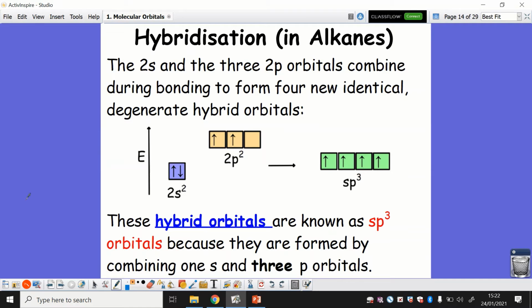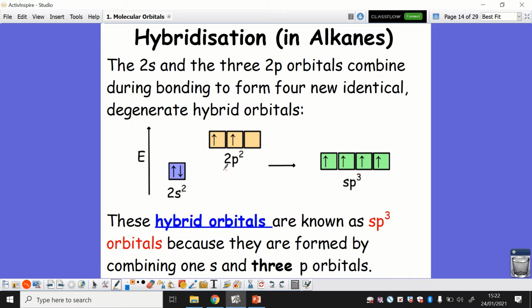Here we have our 2s2, which is filled with opposing spins, and we have our 2p2. These four orbitals combine to give us an sp3 hybrid orbital. It's degenerate.